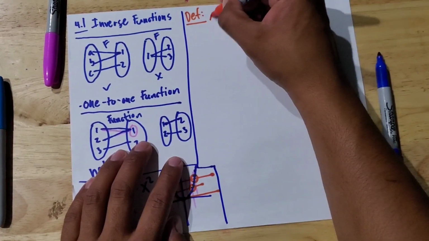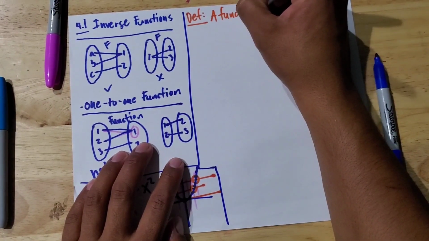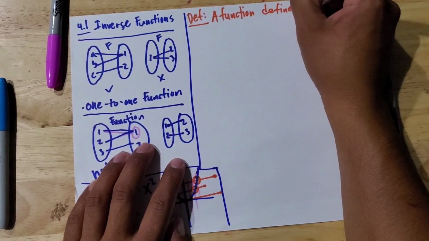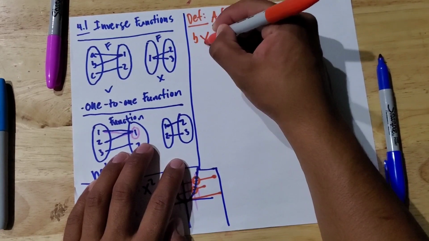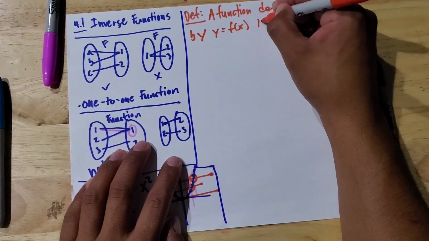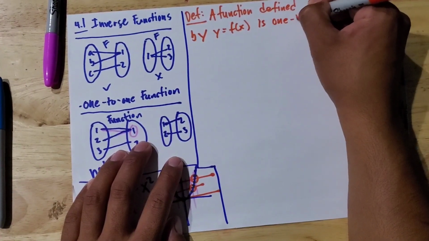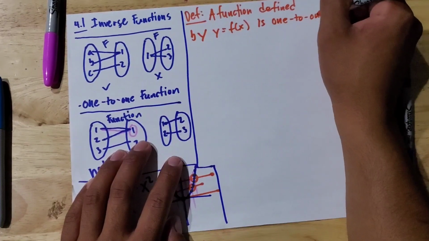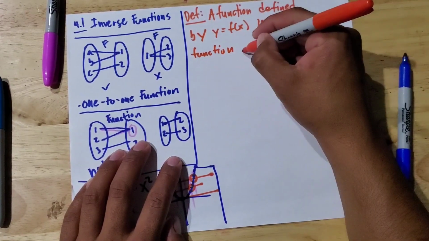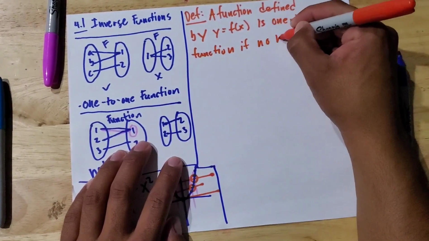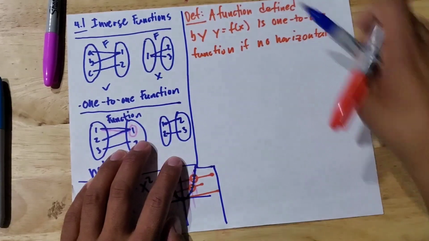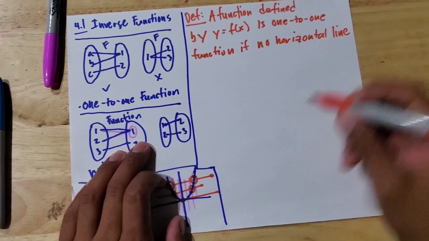We'd say a function defined by y equals f of x, so remember, it's function notation, is a one-to-one function if no horizontal line intersects the graph more than once.